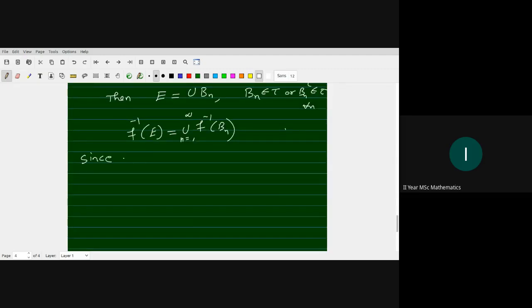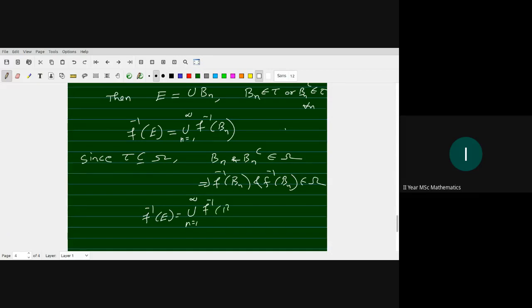Since tau is a subclass of omega, Bn and Bn complement both belong to omega, which implies F inverse of Bn and F inverse of Bn complement belong to omega. So F inverse of E equals the union, n from 1 to infinity, of F inverse of Bn.